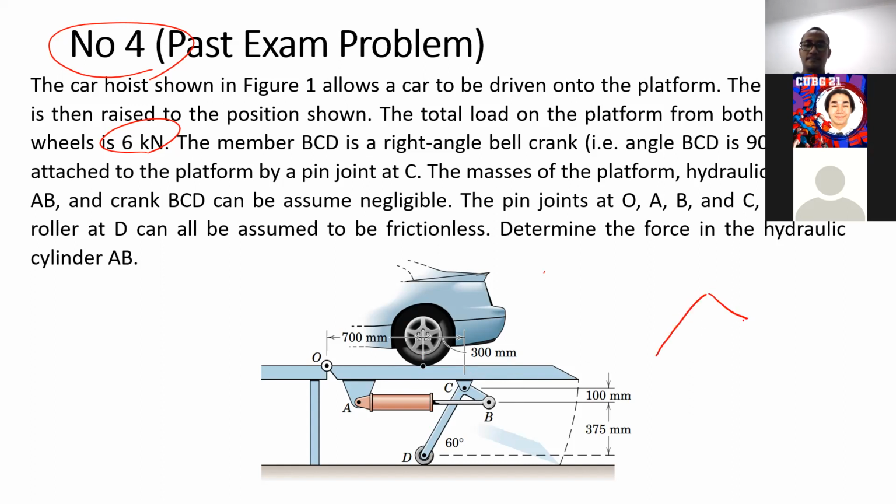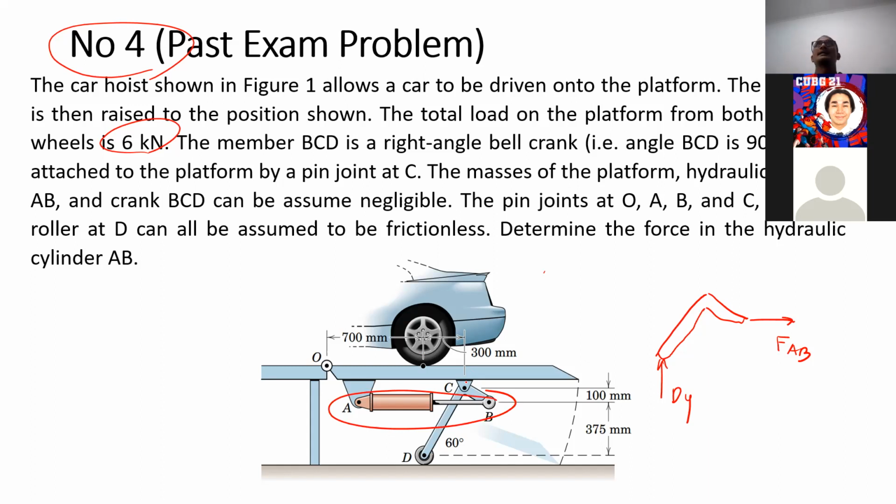From BCD here, I know that there is an FAB there. I assume the FAB is compression. Then beside that, what other forces do we have here? Yes, DY, because of the roller. What else? Does BY not exist? Because it's a pin joint. Remember, AB is a two force member, right?